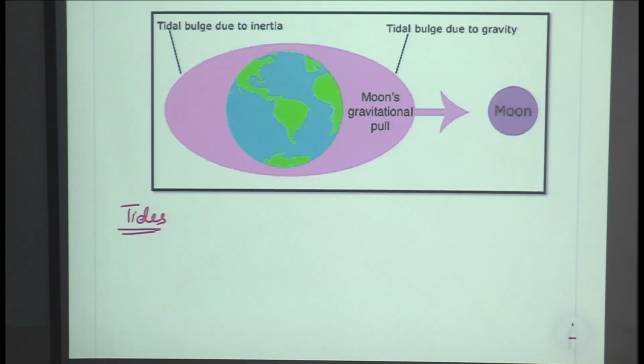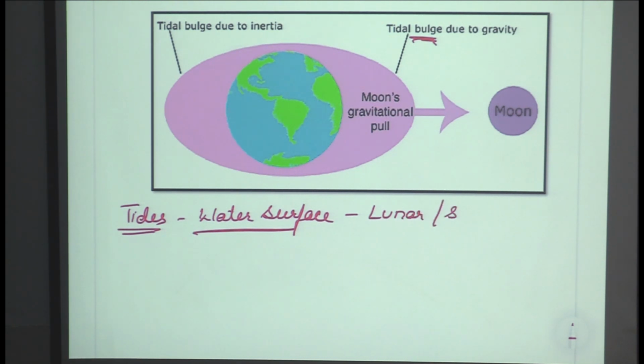Tides are the bulge developed on the water surface due to the lunar and solar attraction. And because Earth is spinning on its axis west to east, every attractive bulge due to inertia tends to develop equal and opposite centrifugal bulge.